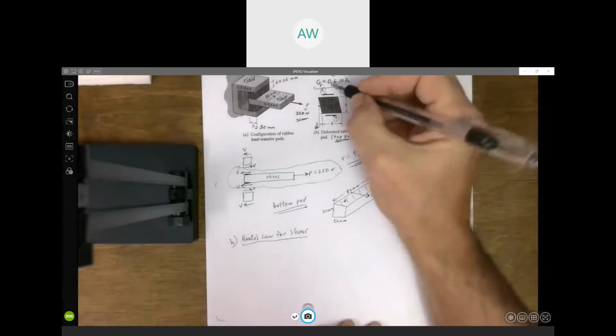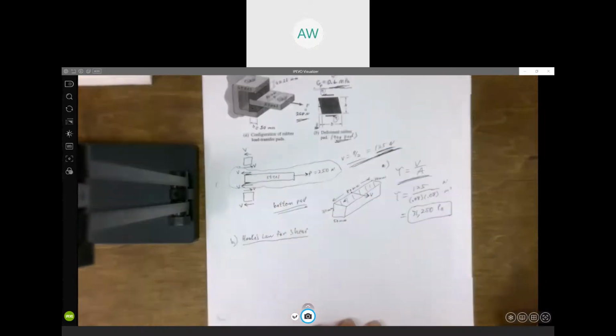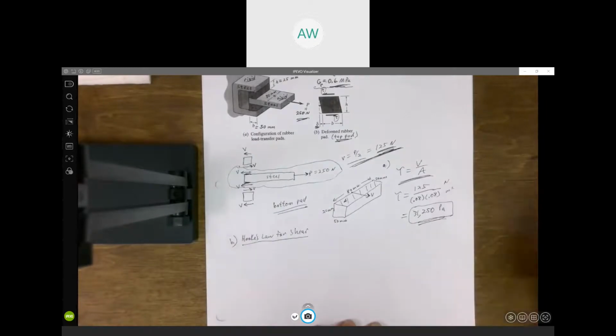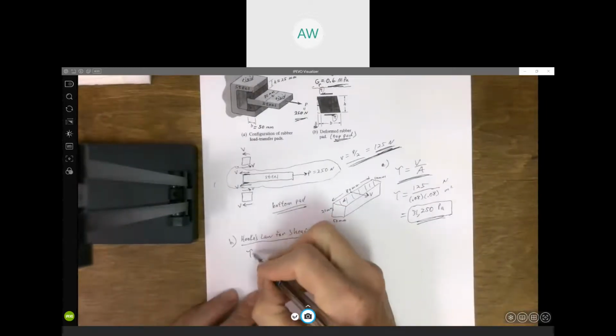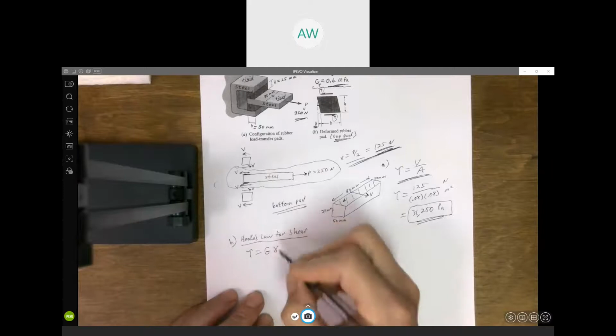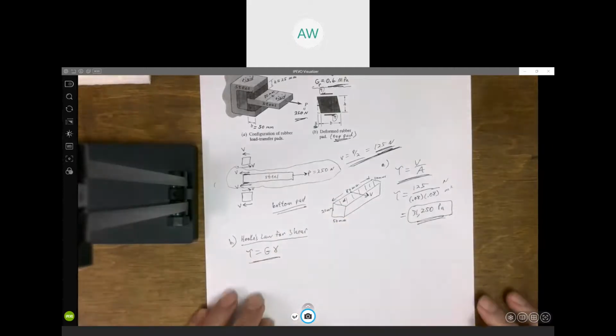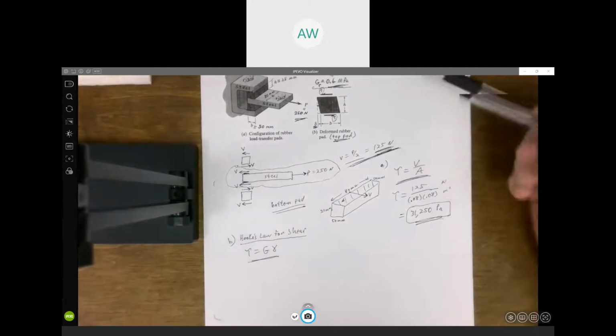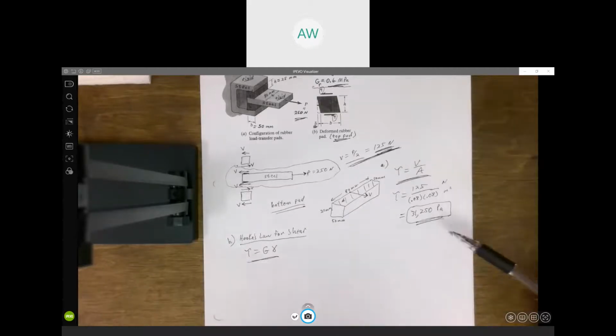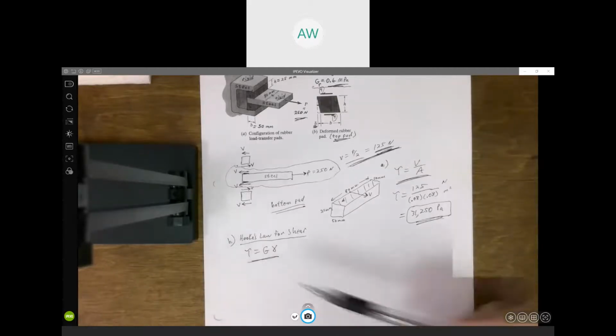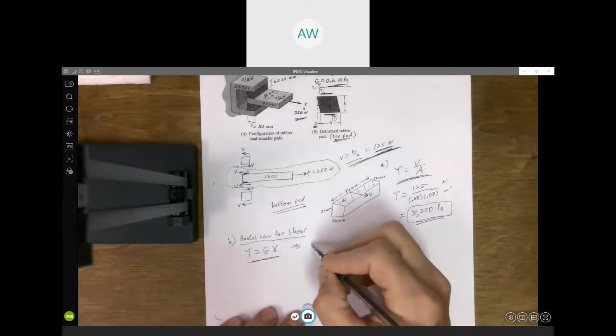Well, we know what the material property is, and we just calculated the stress. Hooke's law for shear says that shear stress is equal to the modulus of rigidity, G, times the shear strain, gamma. So we're solving for gamma.